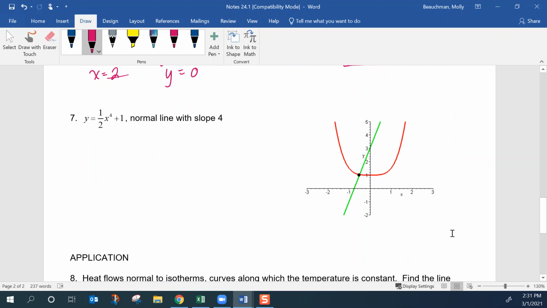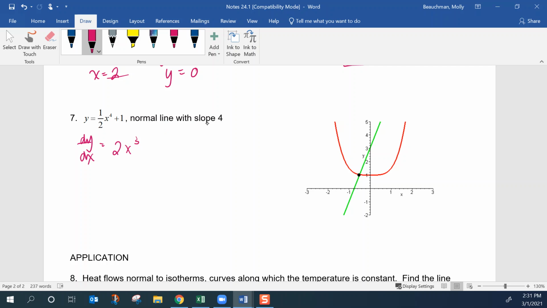We have the function y equals 1/2 x to the fourth plus 1, and we want to find the normal line with slope 4. This time, when we take the derivative, dy/dx equals 4 times 1/2, which is 2, x to the third; the 1 drops off.